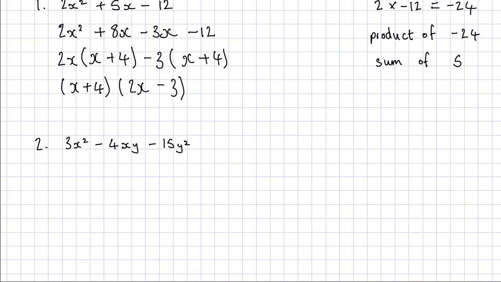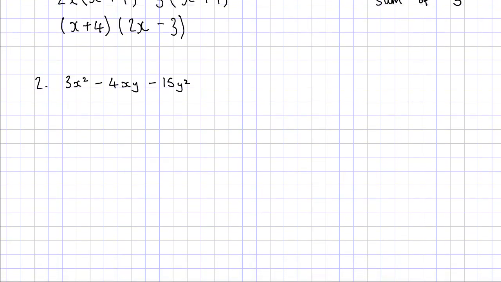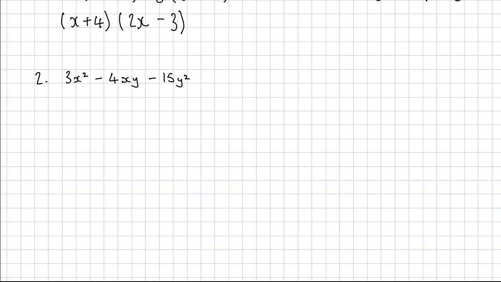Now, in this next question, you would notice that we have y squared here and we have a y there. This won't change anything. What it would mean is that we're going to have a y there and a y there. It's not going to change anything about our method. So we're going to use our AC as 3 and minus 15, and the sum we're looking for is minus 4.